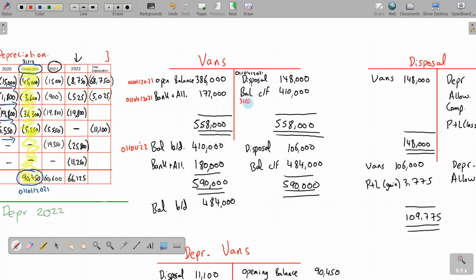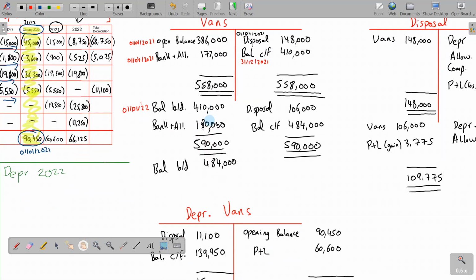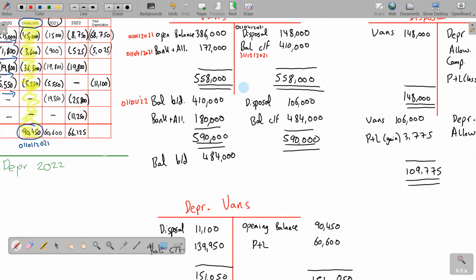This was 31/12/2021. So we should be doing this as we go along. Disposal was 31st of the 7th, 22. 31st of the 12th, 2022. 01/01/2023.